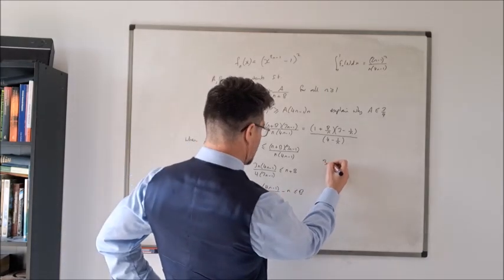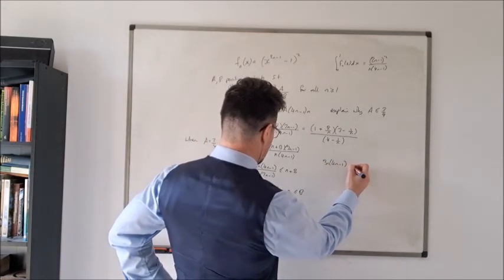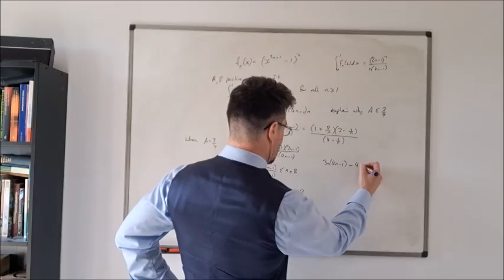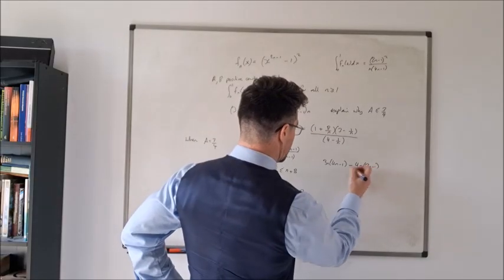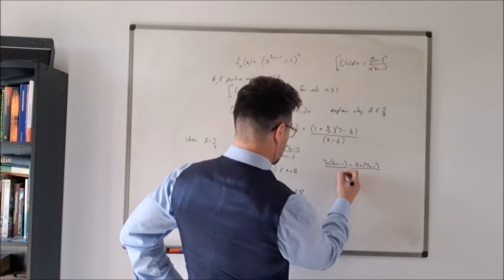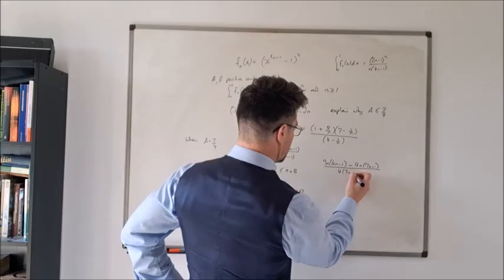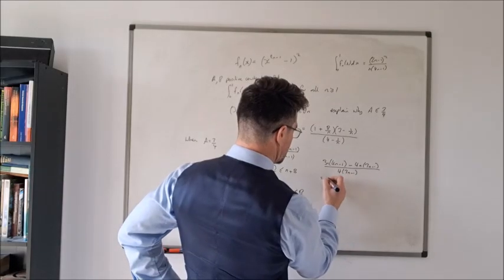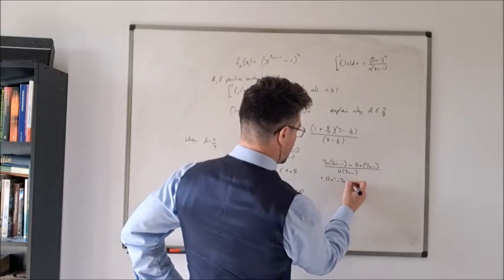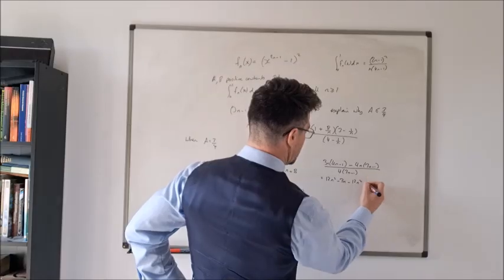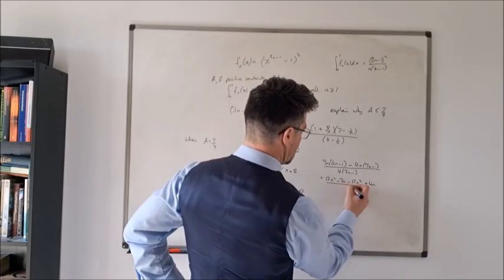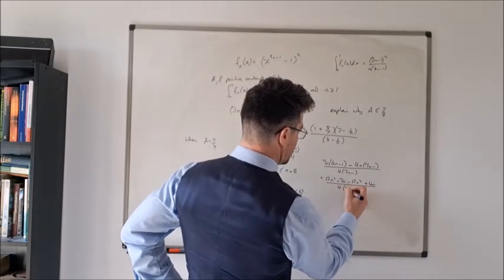So we get 3n times (4n minus 1) minus 4n times (3n minus 1), over 4 times (3n minus 1), which is equal to 12n squared minus 3n minus 12n squared plus 4n, over 4 times (3n minus 1).